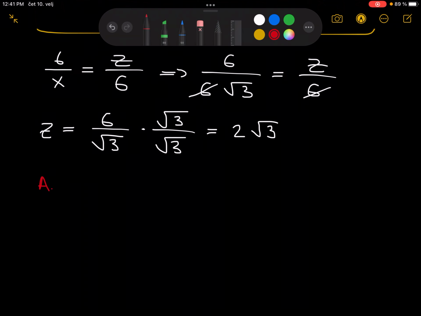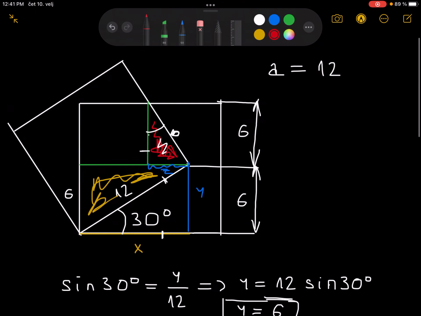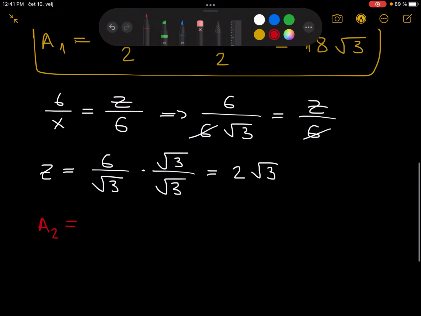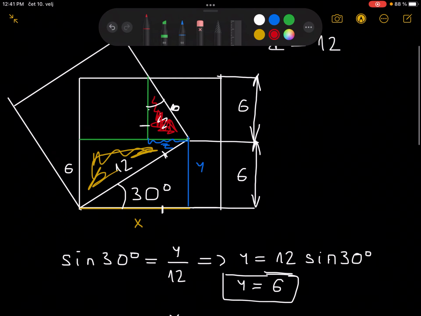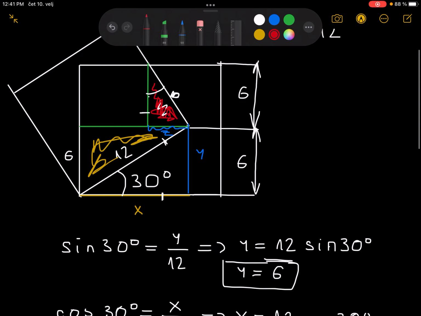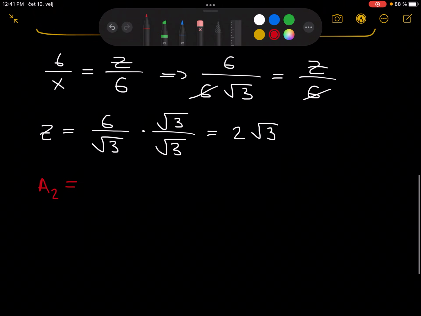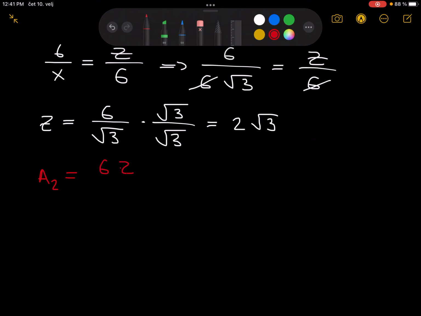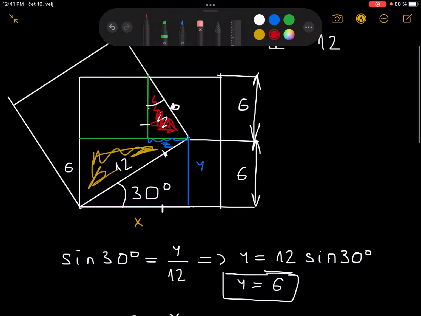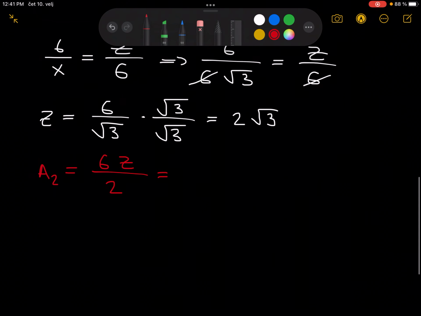So area 2, I'm going to mark it in red because it's red right here. Area 2 is equal to 6 times z over 2, which is the same as 6 times 2 square root of 3 over 2.